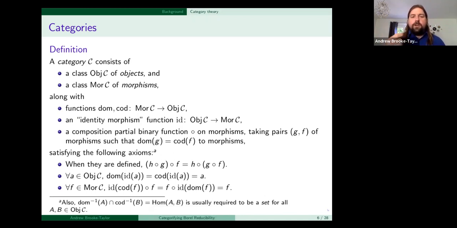So the domain and codomain, they're functions from the class of morphisms to the class of objects. For each object, you have an identity morphism. So you've got an identity morphism function. And then you've got a partial function. Composition is a partial binary function from pairs of morphisms to morphisms. And these should satisfy all of the usual category axioms. You've got associativity of composition, and the identity behaves the way you want it to.